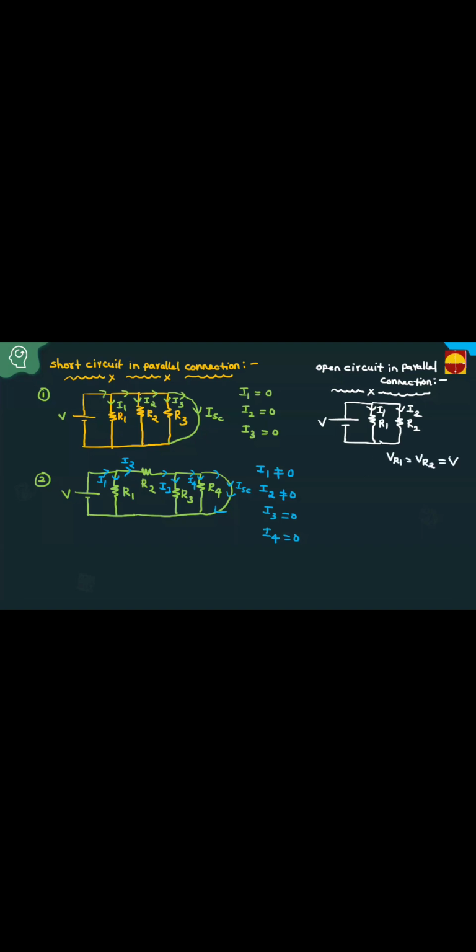Parallel connection. If any open circuit is provided, let any one resistance be open circuit. Let this be R1 and this is open circuit. If it is open circuited, what about I1? I1 not equal to 0, but I2 is 0.